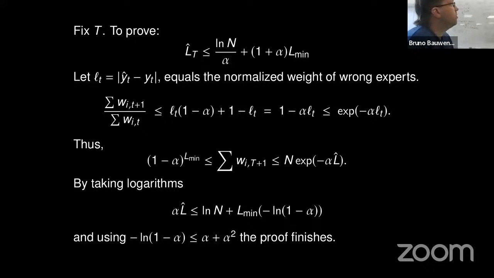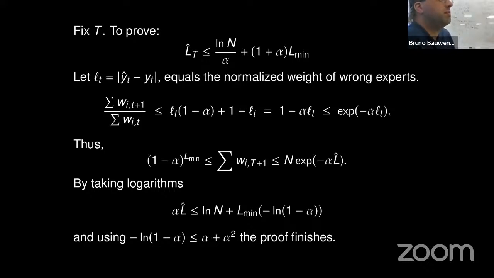So let us look at how the total weight updates at the next round. Let's look at the second line. The first line is just remembering what we need to prove. Okay, so let L_t be our loss in the t-th round, and it's precisely the weight of experts that are wrong.